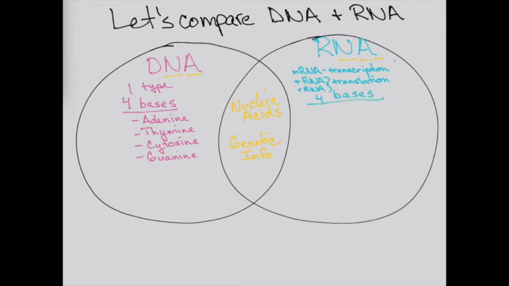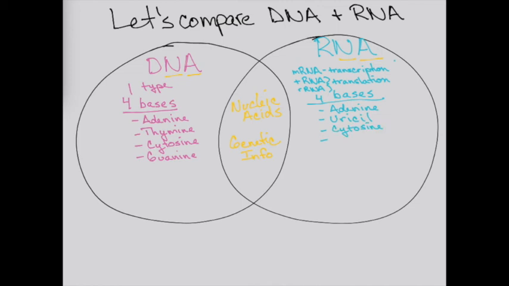RNA also has 4 bases, but not all the same. So, do you know which base differs in RNA? Do you? RNA has adenine, does not have thymine, it has uracil instead.